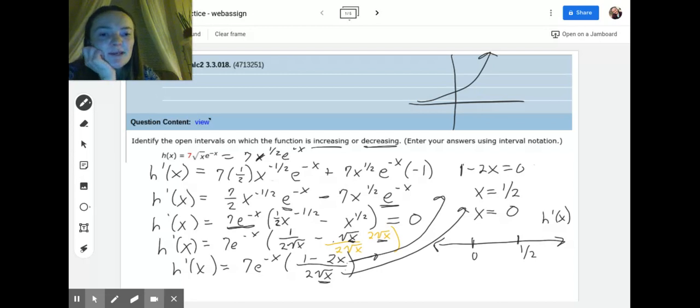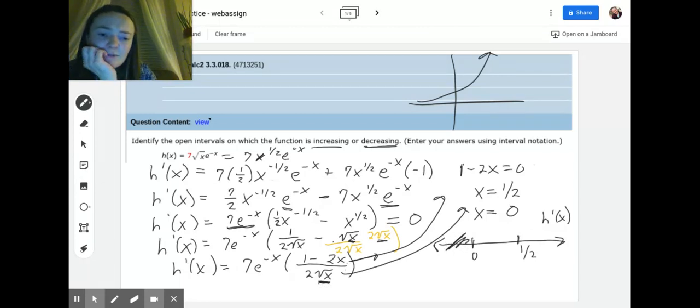And so even if I put a negative number in, it'd just be really, really close to 0. Okay, so if I plug in a really negative number, like negative 100, 1 minus 2 times negative 100 is actually a positive number. And in fact, we actually can't even plug in a number less than 0 because I have a square root in the denominator. And so I'm going to say we don't even have any values here.